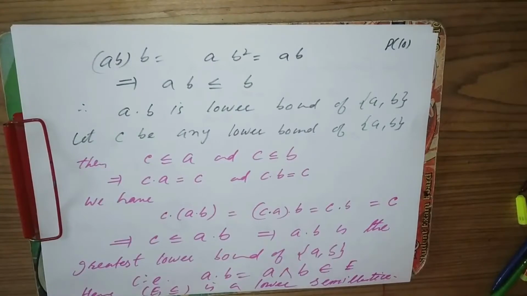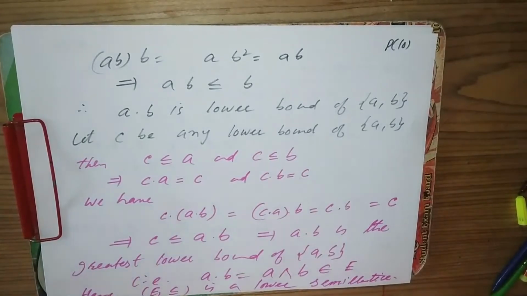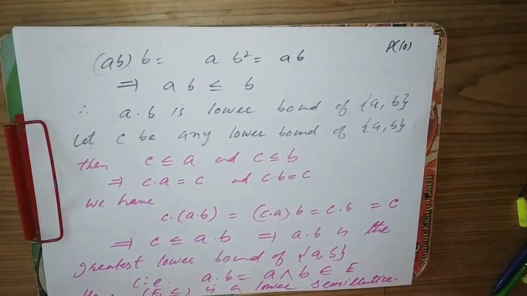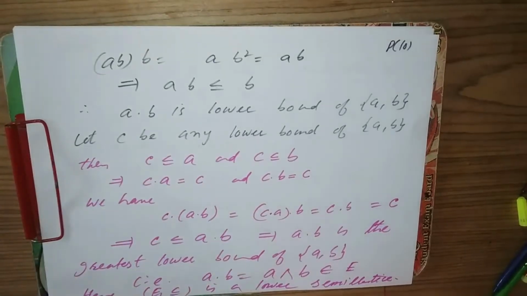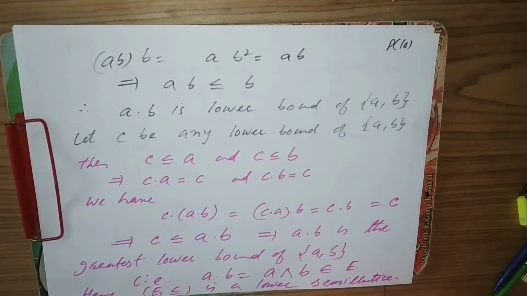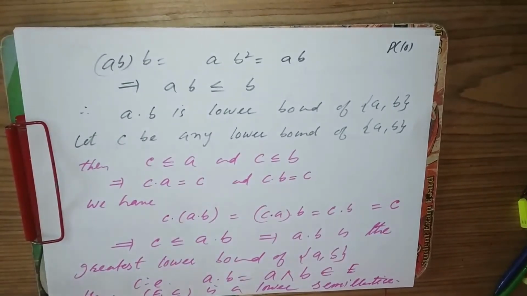In the case of an upper semilattice, we get A dot B is equal to A join B. So whenever we have a lower semilattice, we can always treat it as a commutative semigroup in which each of its elements is an idempotent. That's the definition of a lower semilattice.